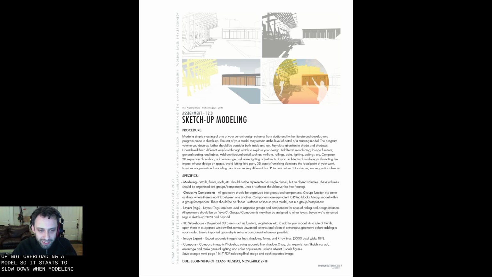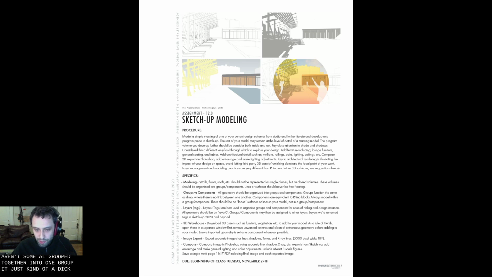When modeling in SketchUp, it is always a good idea to model in groups and components. This is similar to groups in Rhino, or what you might think of as solids sometimes, and components are similar to blocks. Essentially, when you're modeling, you never want to have loose lines or loose surfaces that aren't grouped together into one group.